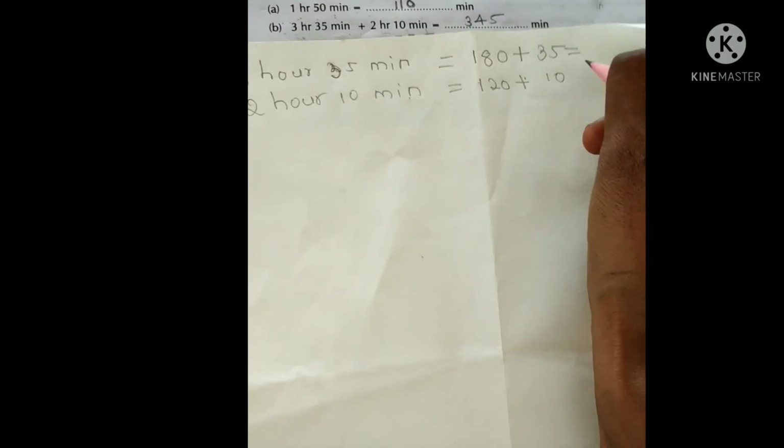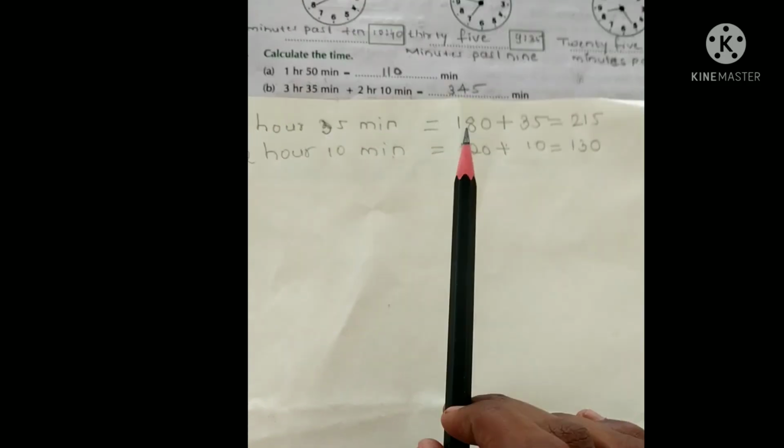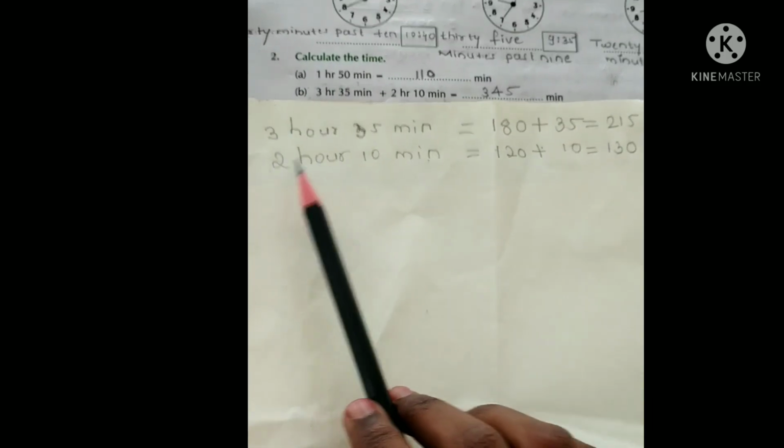Now add these numbers. 180 minutes plus 35 minutes is equal to 215 minutes. Here 2 hours 10 minutes means 120 plus 10 minutes.